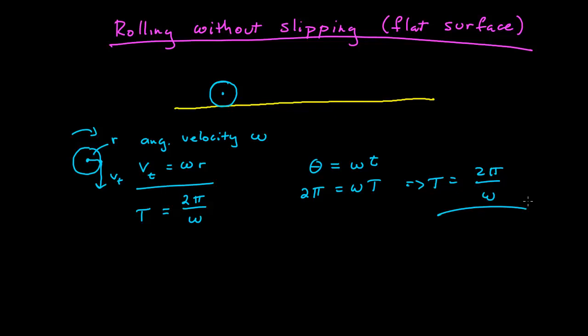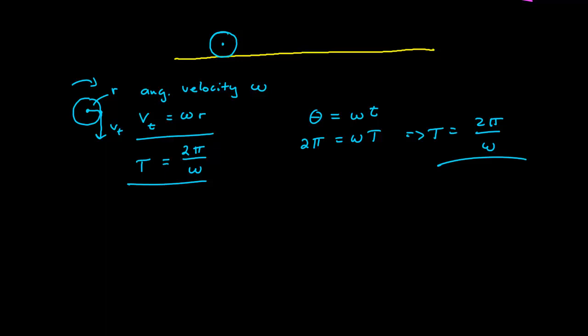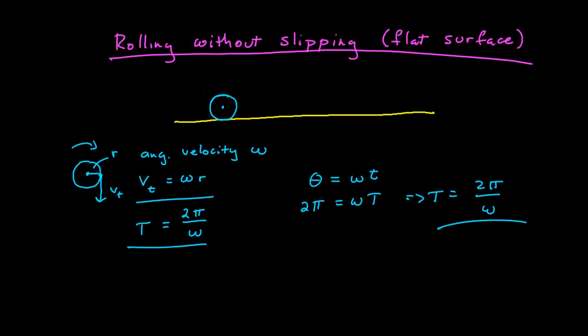Okay, so in the time of one rotation, I want to ask, how far has the cylinder rolled? Well, let's go back up here. In the time for one rotation, a spot that was on the top here has made it all the way around. So at some time later, now that it's rolled, that spot is over here.